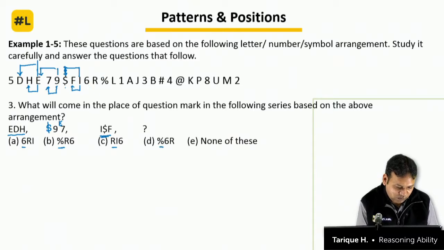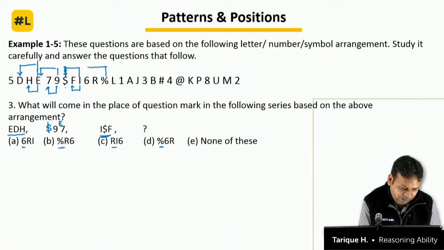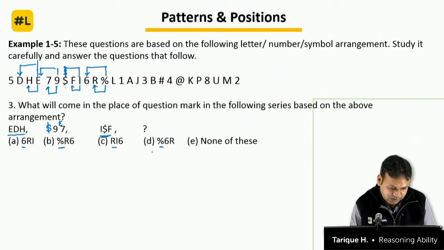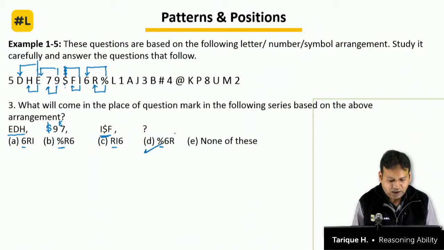So we go 2 forward, R I6. From 9 we have got 1 forward we go to F, 2 forward we go to I. So 2 forward here percent, when we go 1 back here we get 6, and 1 back here R. So percent 6R should be the answer.